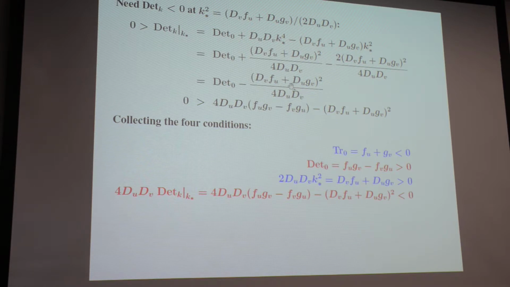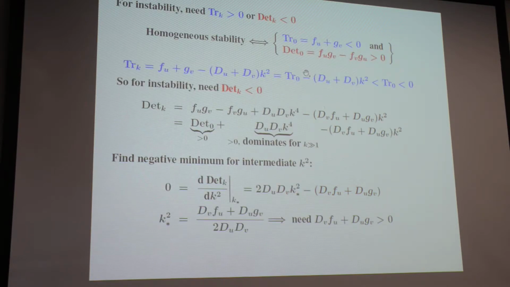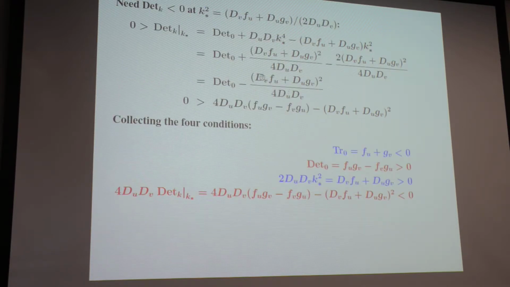So indeed it could be negative. Remember this determinant 0 is positive and we're trying to make it negative. Here we've just written the original determinant. If this thing is sufficiently big, then we will turn it negative. And now we have the 4 conditions, and there they are.